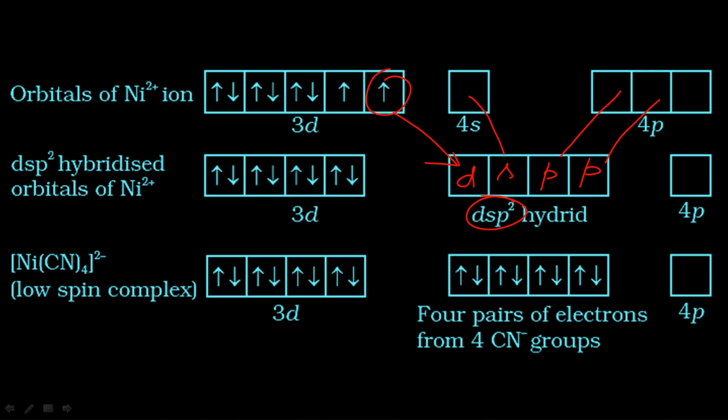So you can be asked to show that this is an inner orbital complex. If it is an inner orbital complex, its hybridization should be dsp2, and this is how you will show it. Then in each empty orbital, one CN will give its electron pair. This will be the final configuration. Any confusion here?